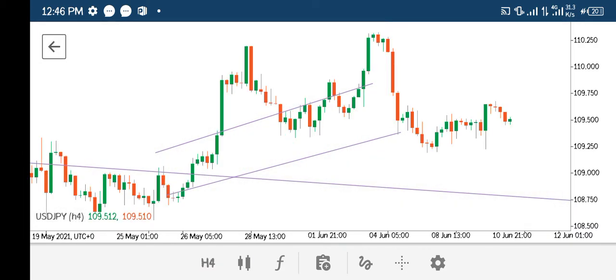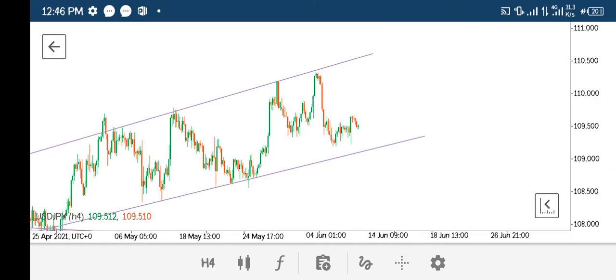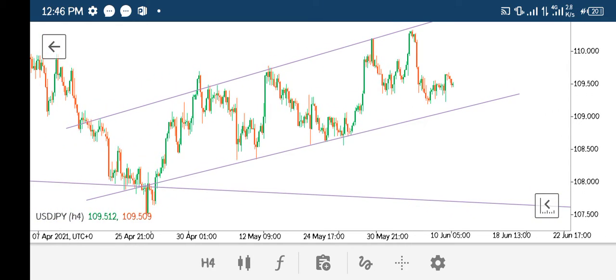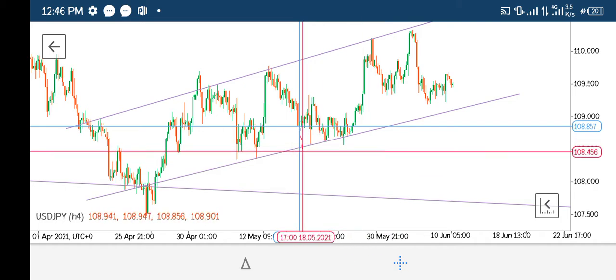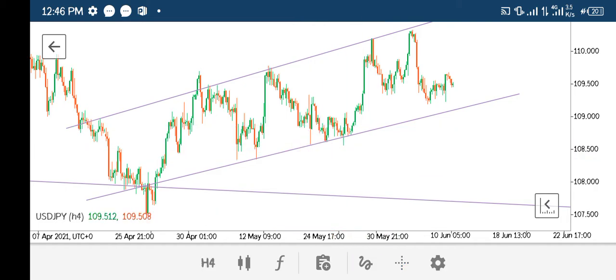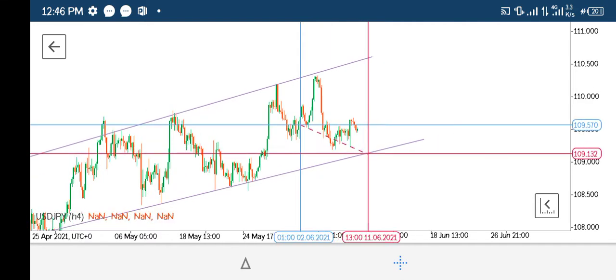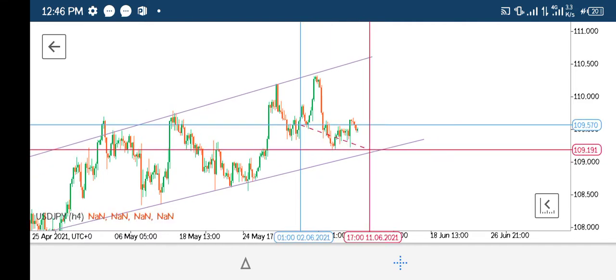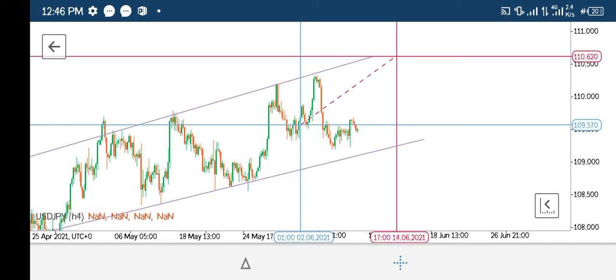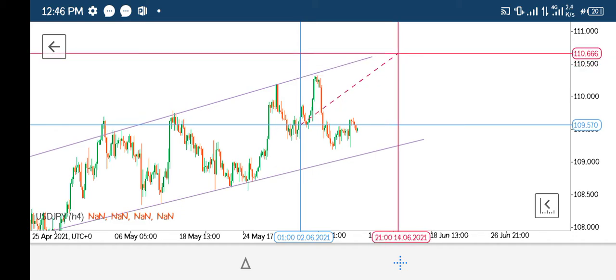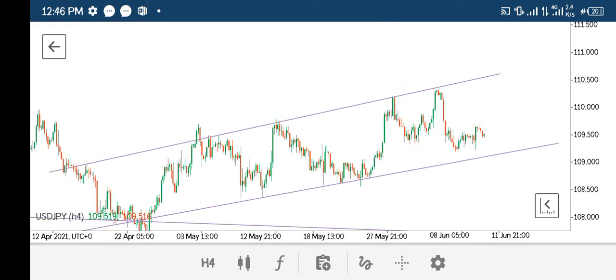Let's say the 4-hour time frame. Okay, we can see what the market is doing here. A movement up, down, up, down, up, down. So the market's movement at this point, and then we expect it to move somewhere around here and then possibly break out from there.